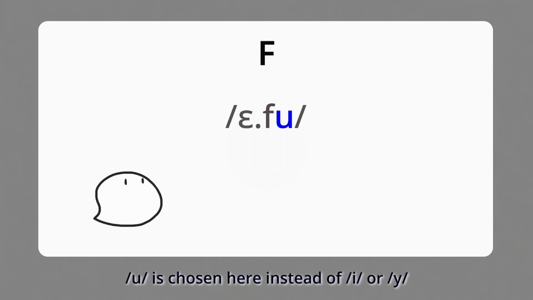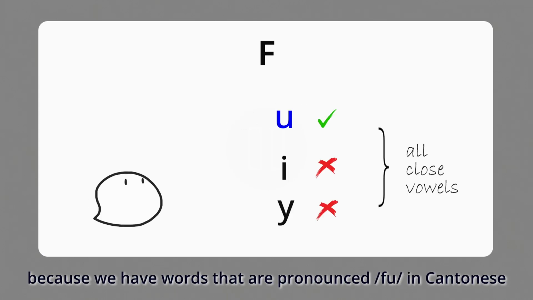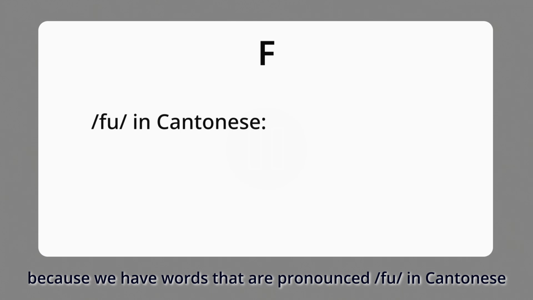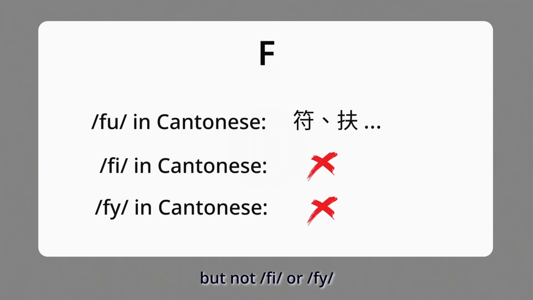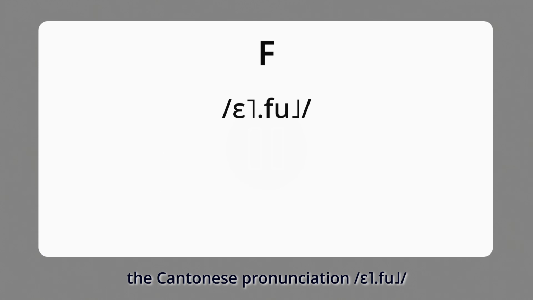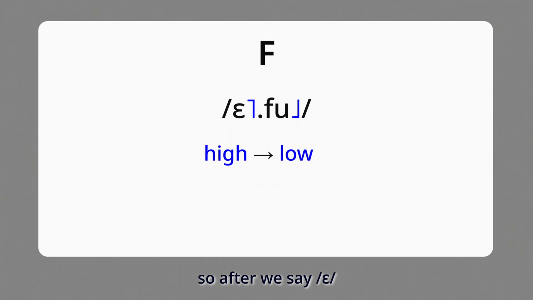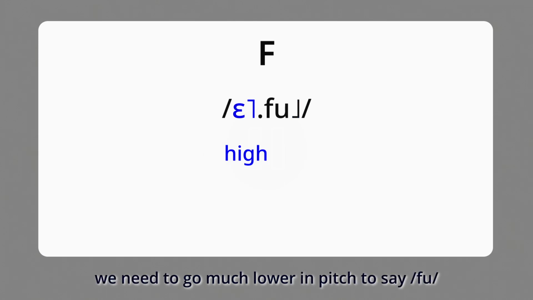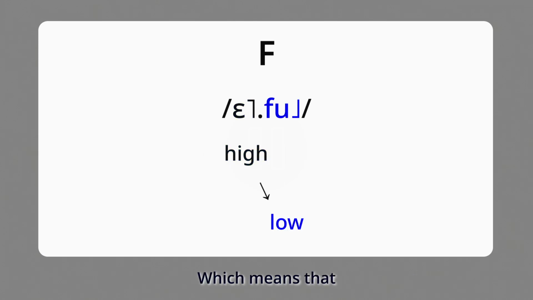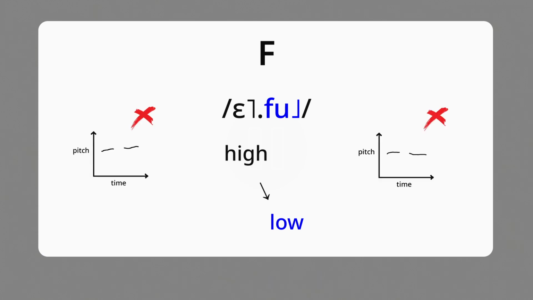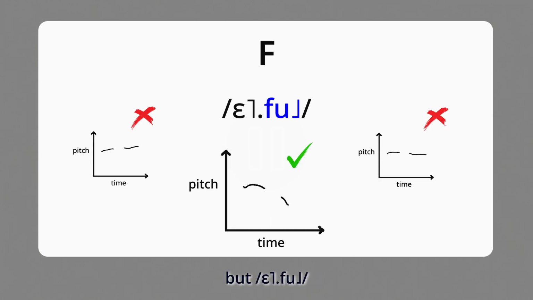Second, U is chosen here instead of E or I because we have words that are pronounced fu in Cantonese but not fi or fu. Third, the Cantonese pronunciation e-fu is a high-tone syllable followed by a low-tone syllable. So after we say e, we need to go much lower in pitch to say fu.